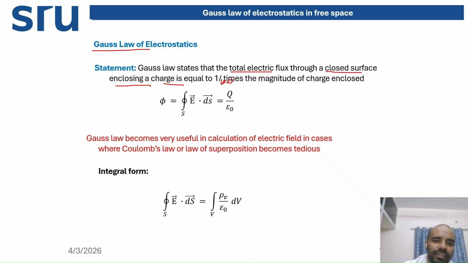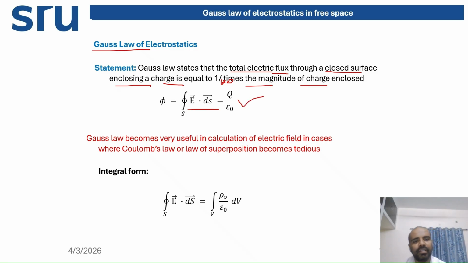So phi equals closed surface integral of E dot ds, right? This is the total electric flux through a closed surface, which is equal to 1 by epsilon naught times the total charge enclosed by the surface, right? So E dot ds is equal to q by epsilon naught.